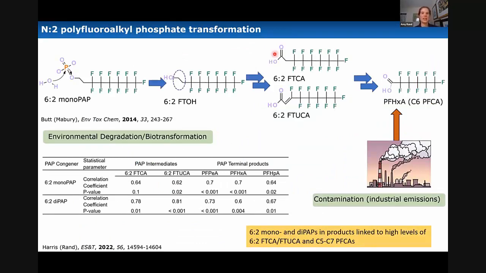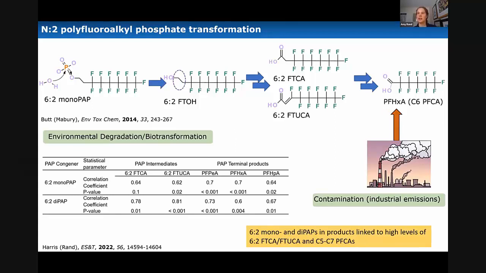So in this case, the 6:2 polyfluoroalkyl phosphates have been known to biologically, enzymatically and microbially transform in active environments by hydrolysis to the 6:2 FTOH, which can subsequently undergo oxidation to the intermediates, the fluorotelomer carboxylic acid as well as fluorotelomer unsaturated carboxylic acid, which then further undergo oxidation to the C6 PFCA, as well as minor amounts of the C5 as well as the C7.